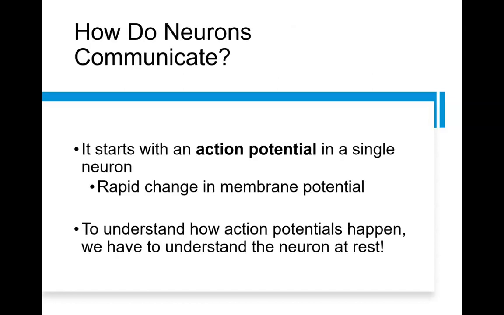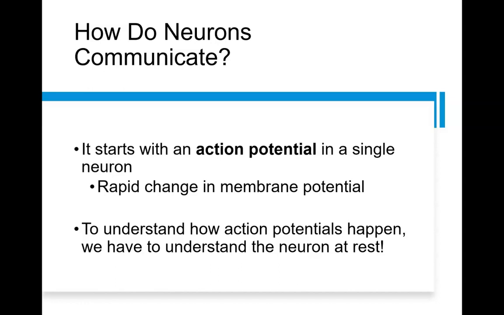So how do neurons ultimately communicate? Well, it's going to start with what is called an action potential within a single neuron. And an action potential is basically when the membrane's electrical potential, so a neuron's electrical potential, actually has a very rapid change.